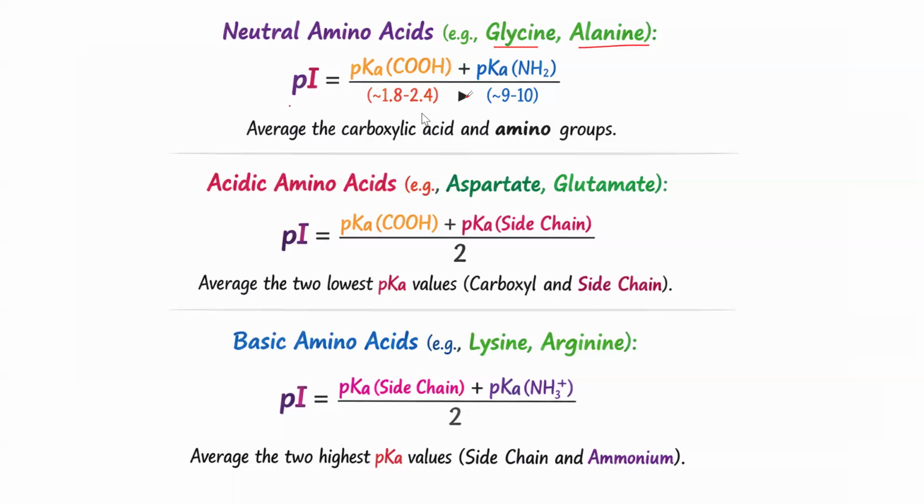That will give you the average pI, that is, the isoelectric point of that particular neutral amino acid.